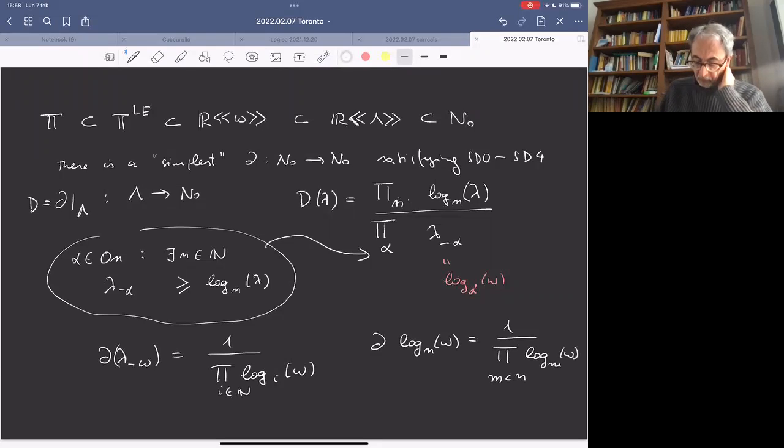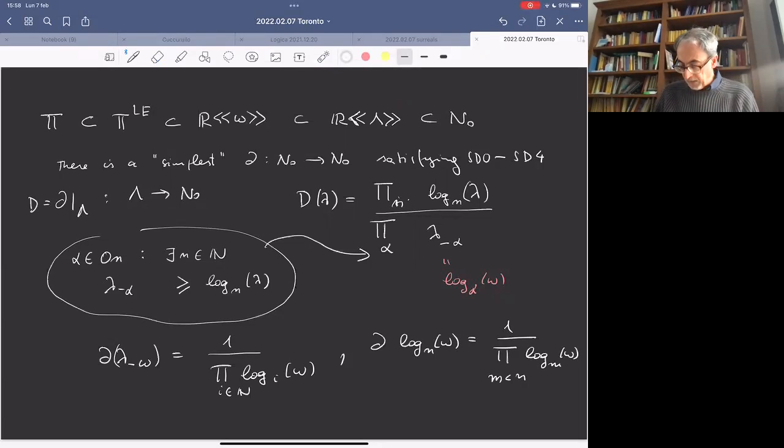So this analogy is the reason why lambda minus omega, roughly speaking, should be thought of as logarithm omega times of omega by virtue of this analogy.